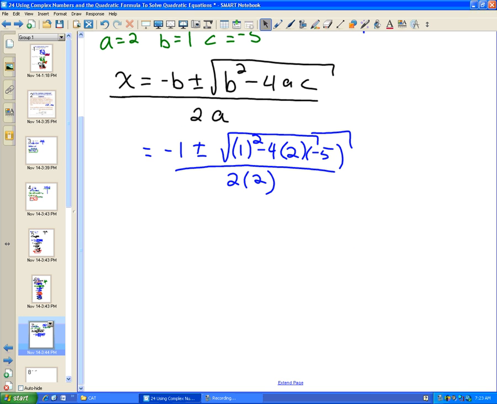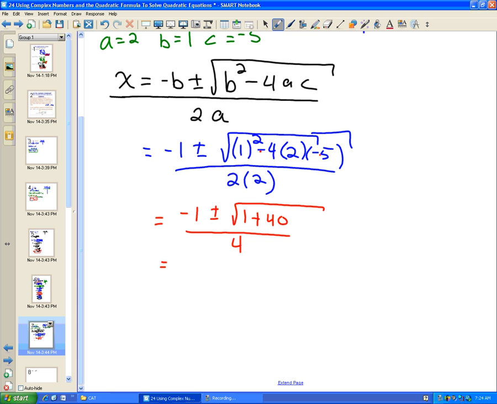So again, here I want to simplify. So this is negative 1 plus or minus the square root of 1 squared is 1, 4 times 2 is 8, 8 times 5 is 40. But it's negative and a negative, so it's a positive 40, all over 4.